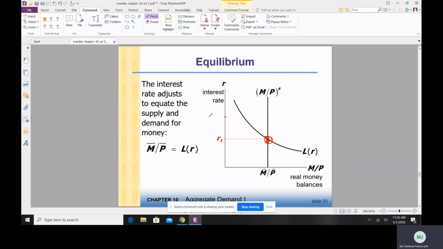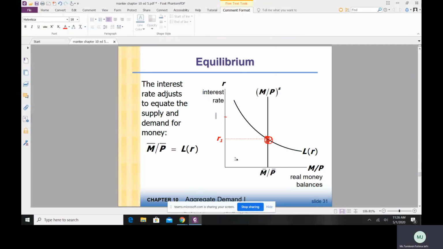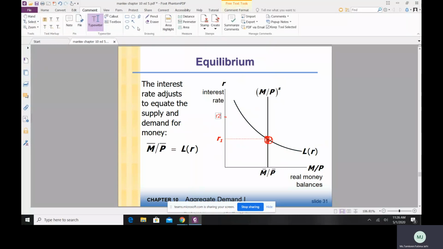Now any interest rate higher than R1, okay? Let's consider this interest rate which is R2 here. I cannot say that this is the equilibrium interest rate. The reason being that at R2 you can see that the supply is more than the demand. ठीक है? So आप इसको इस तरह visualize कर सकते हैं कि बैंक में there's a lot of money which is lying in the bank.